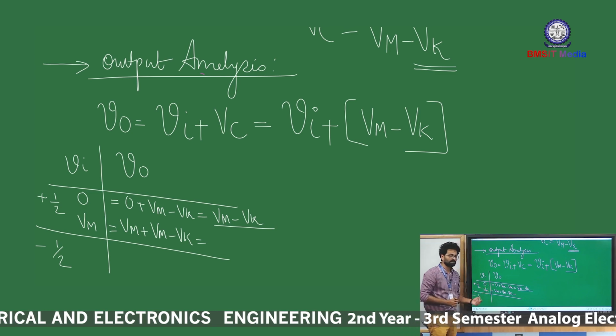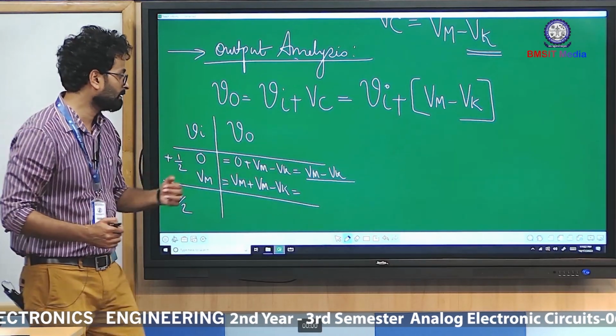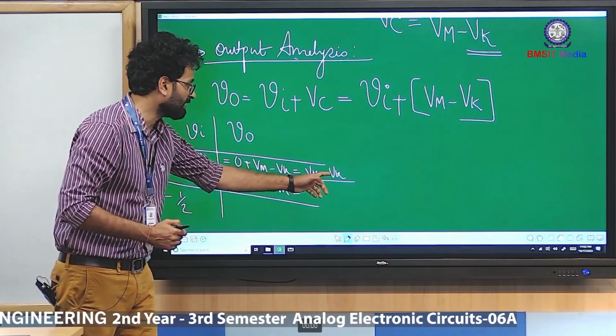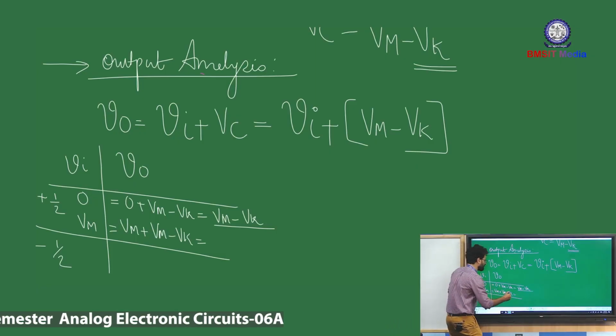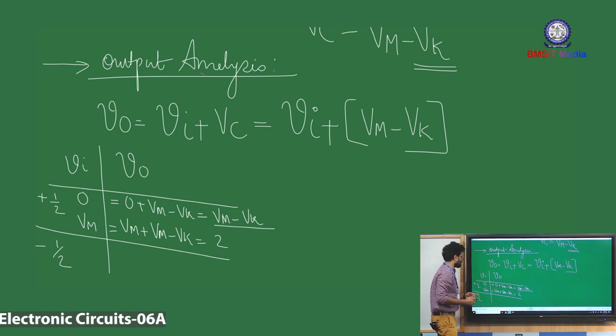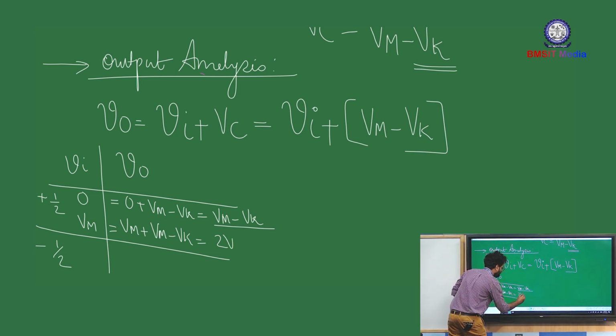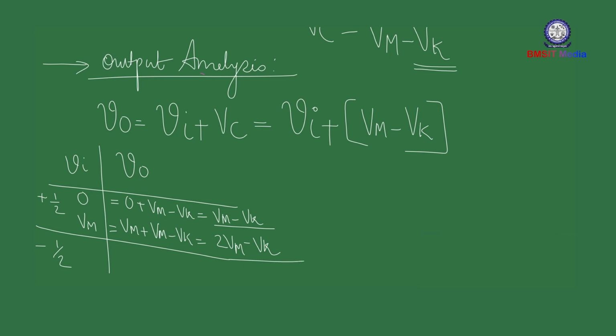So what you have to understand is that everywhere the output is getting limited by a factor of Vk volts. So Vk is basically limiting the output. So your overall output when Vi is equal to plus Vm going to be 2 Vm, which is the ideal case, minus Vk.